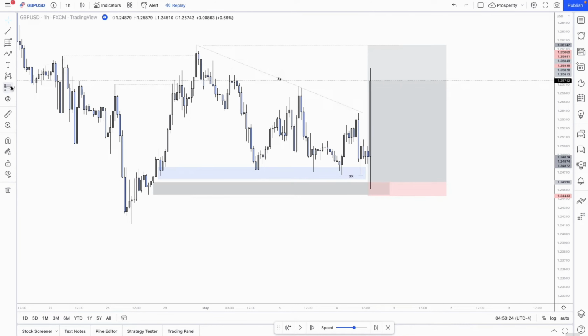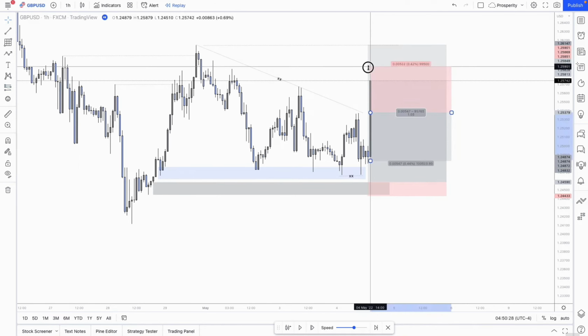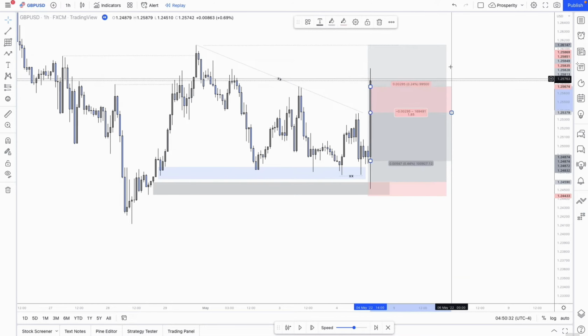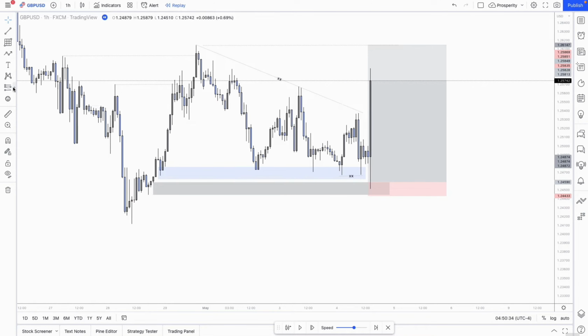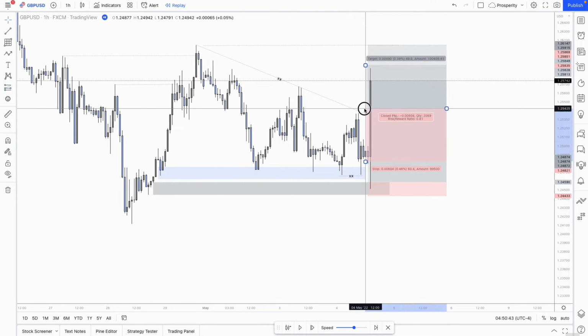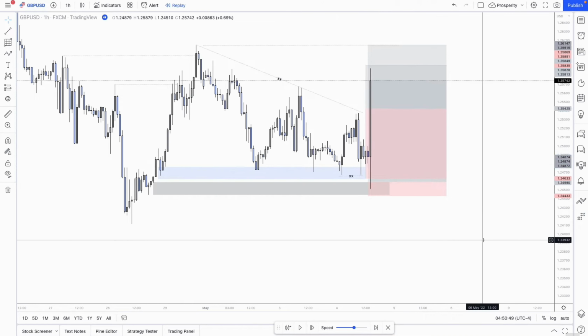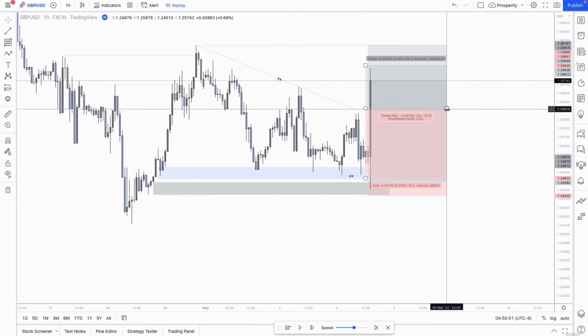All of the people that were selling on the trend line with their stop losses just above this high just got stopped out. All of the breakout traders that were trading the break of structure or the high getting break, whatever one, right? With their stop losses below these lows, just got stopped out.